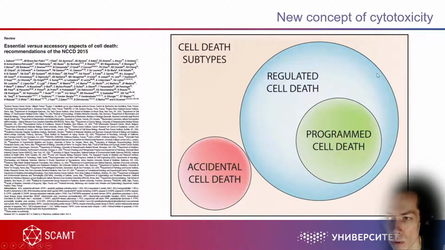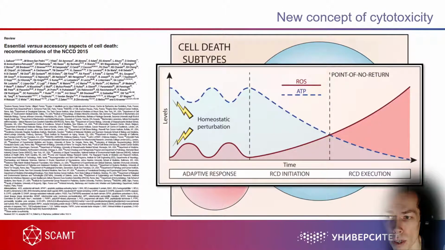So what is so special about regulated cell death and programmed cell death? Even necrosis is a regulated cell death. What is accidental cell death? Well, if you are burned or you spill some acid on your skin, for example, and some of the cells dissolve in the acid, it's an accidental cell death. All other cell death types are regulated cell death in any case.